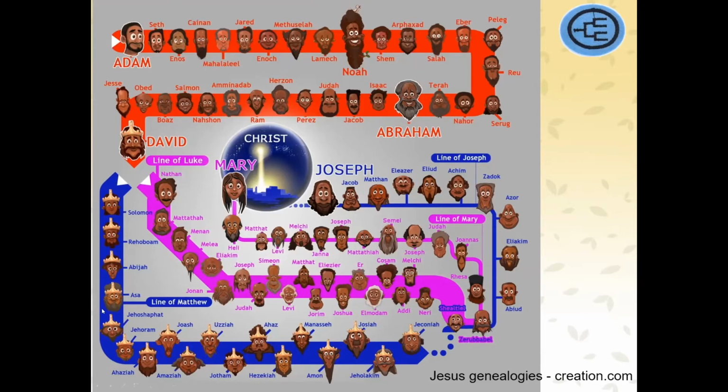And if you follow the blue line down, you'll see, okay, it's different till you get down here. We've got Zerubbabel and Shealtiel. And the blue line is Joseph's line, so Jesus' father's line. And the pink line, which comes down here, is the line of Mary. So that's why they're slightly different names, but it's still the same genealogy of Jesus.